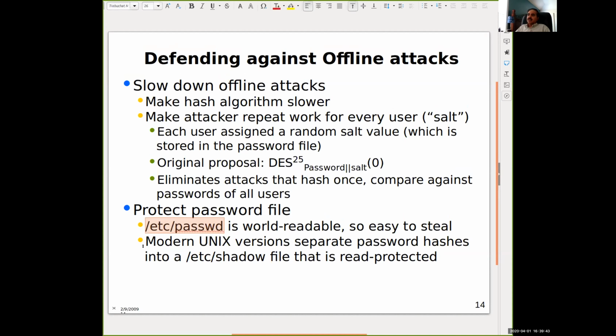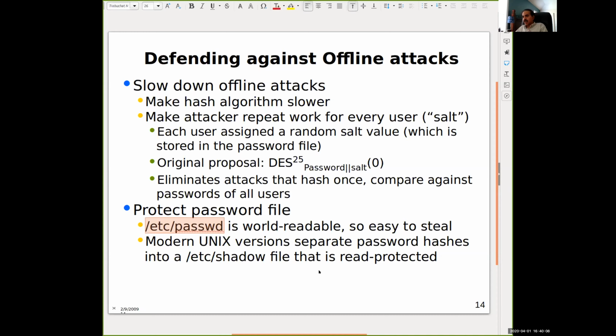So modern Unix versions break the password file into two parts. The public information continues to be in the /etc/passwd file, and the private information, which is basically the hashed password, is stored in the /etc/shadow file.